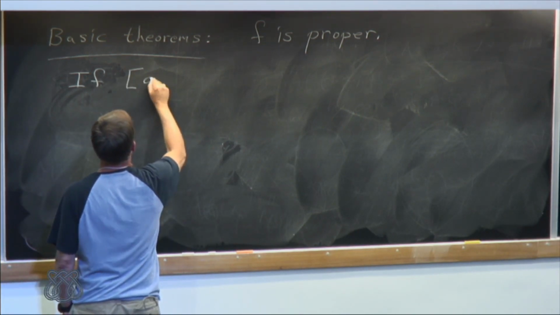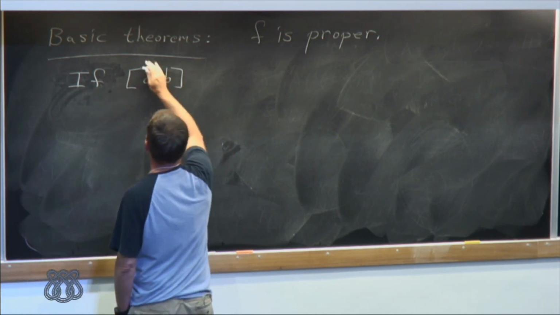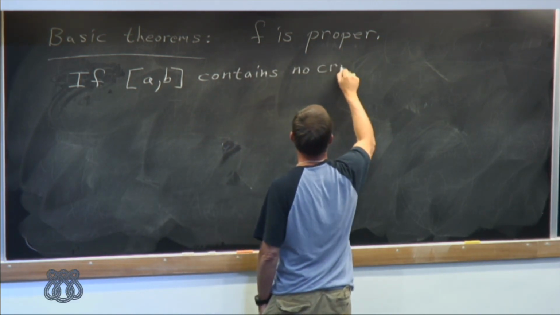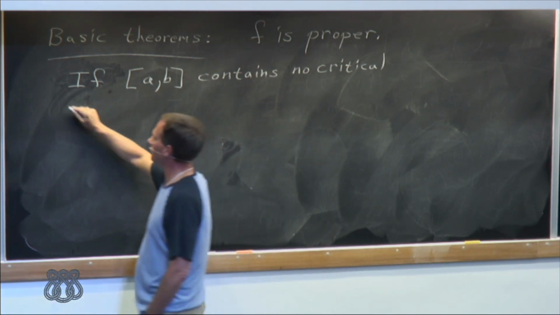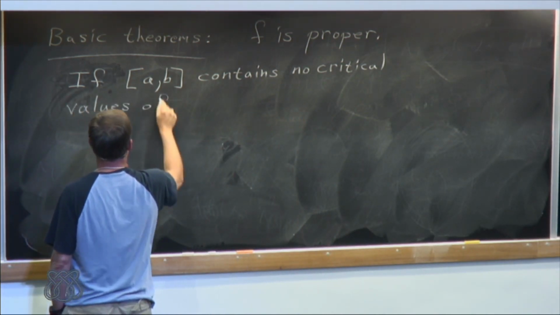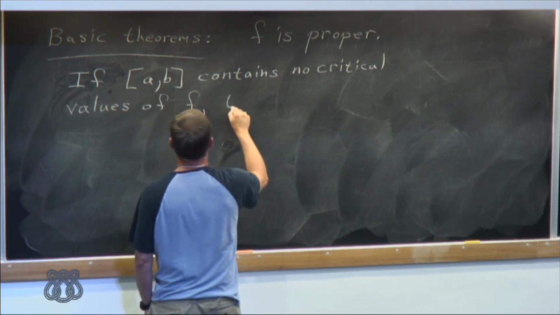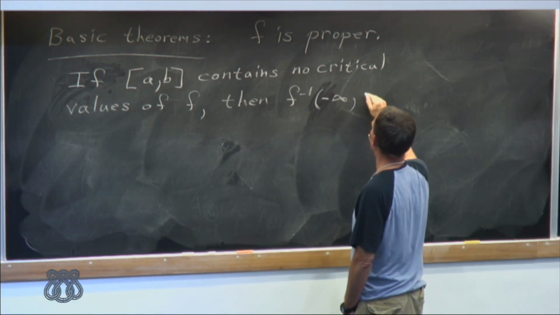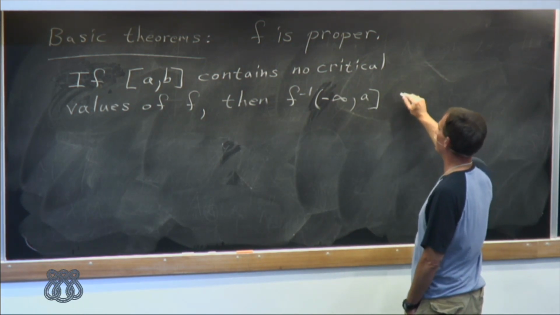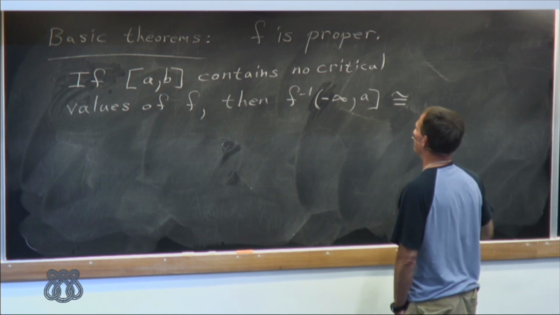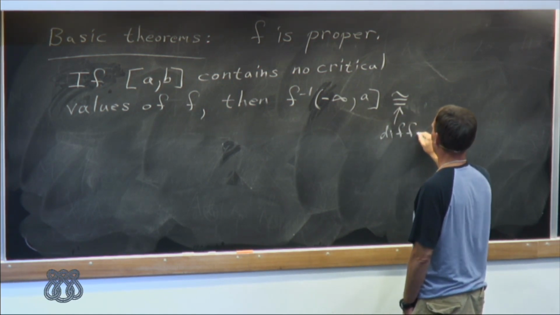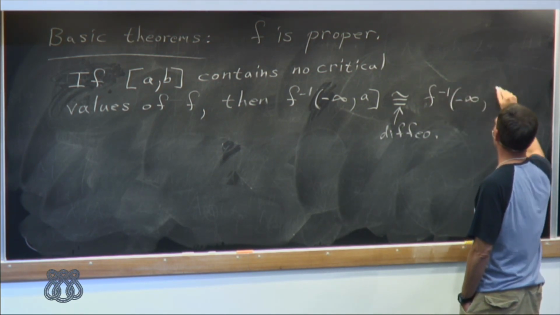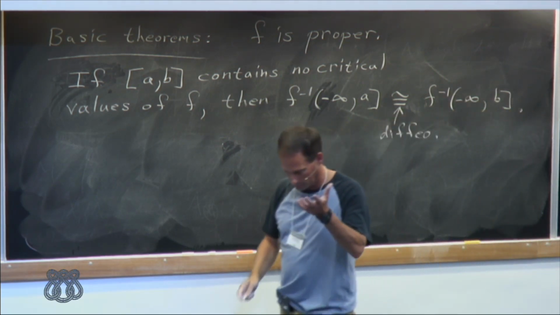If the interval from A to B contains no critical values of F, then F inverse of minus infinity to A is diffeomorphic to F inverse of minus infinity to B. This is just what I said before.